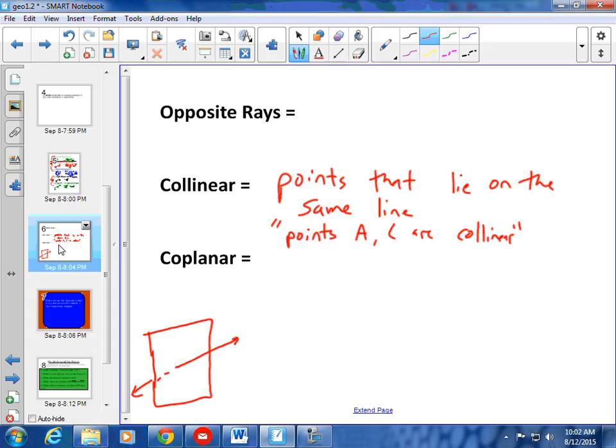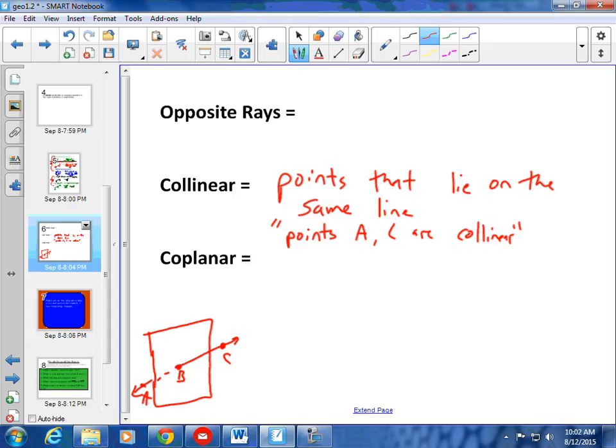So it actually goes through there. This is the point that it goes through the plane. We have point A, point B, point C. Points A and C are collinear on that line. They're on the same line.